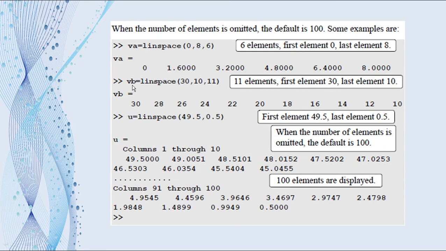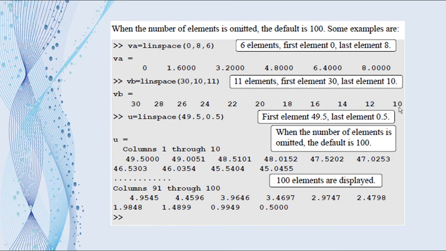Variable vb is equal to linspace of 30 comma 10 comma 11. This means the first element is 30 and the last element is 10. How many elements should you have? 11 elements. So it starts from 30 and ends at 10.